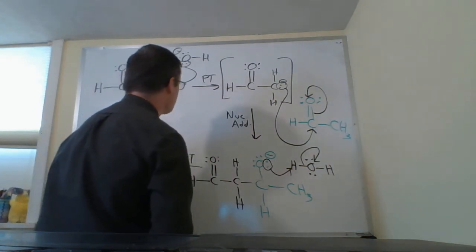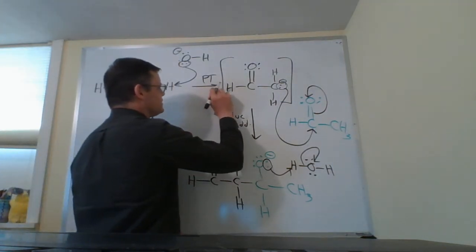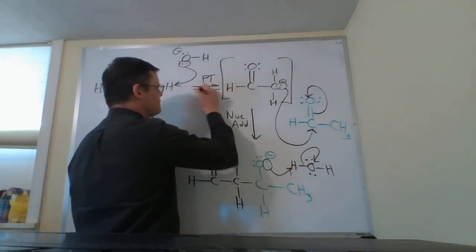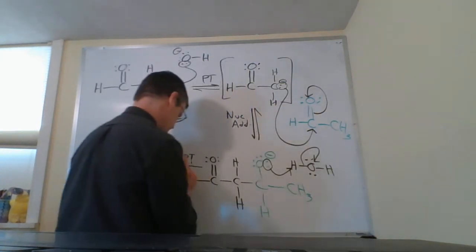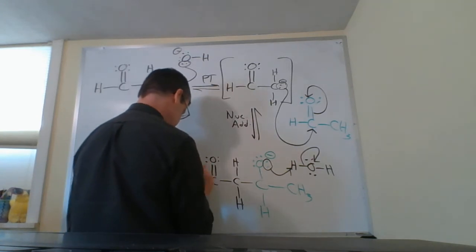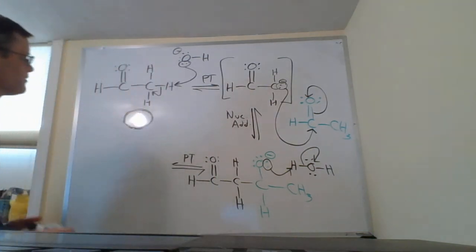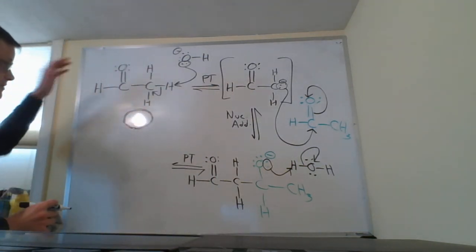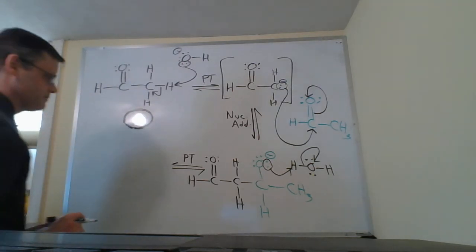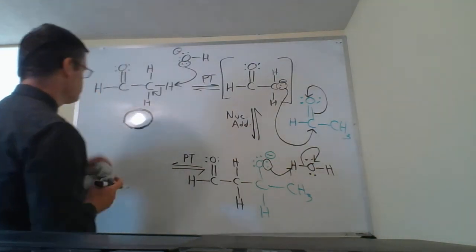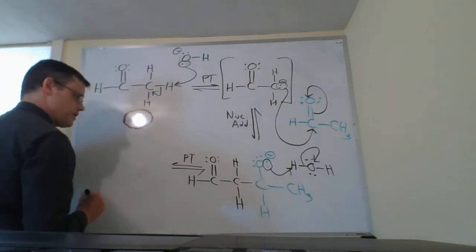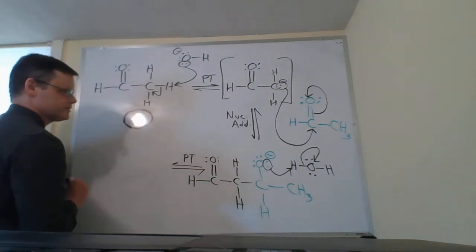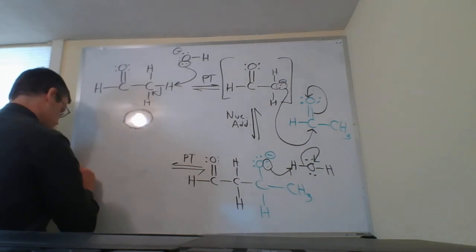And one thing I forgot to mention, these really should all be equilibrium arrows, because in this reaction the products are not much more stable than the reactants, or they might even be less stable in cases. The reactants and products are roughly similar in stability.